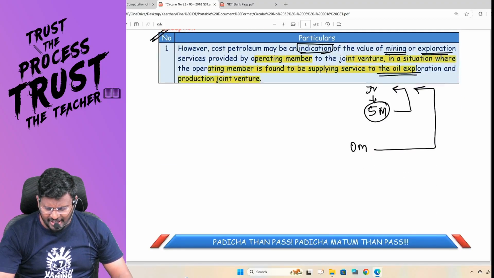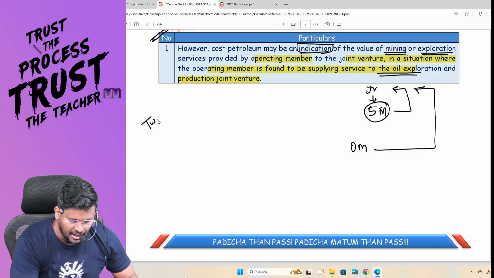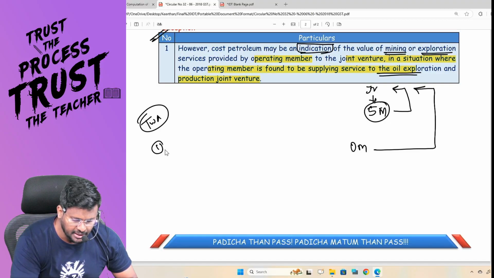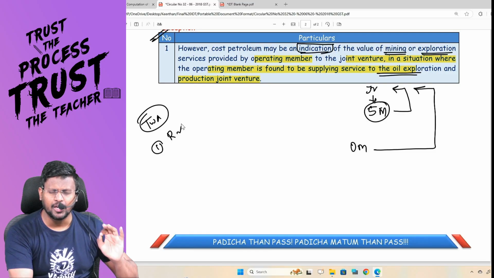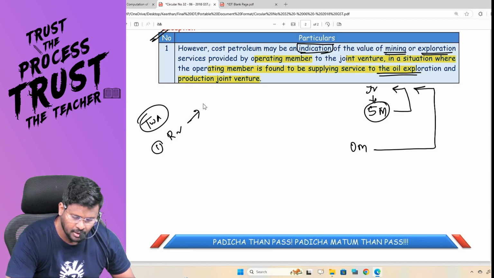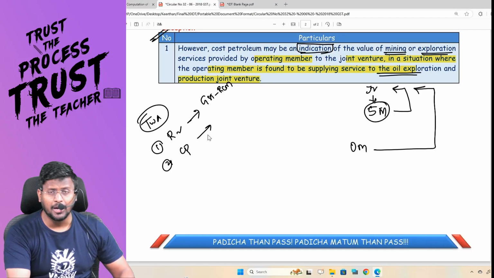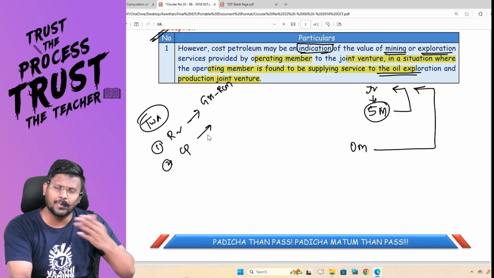So what are the main takeaways from this notification and circular? Takeaway number 1: royalty is a consideration paid by the OEPC for the services provided by the government. GST will be applicable at RCM. Number 2: cost petroleum is not the consideration paid by the OEPC for the service received from the government.